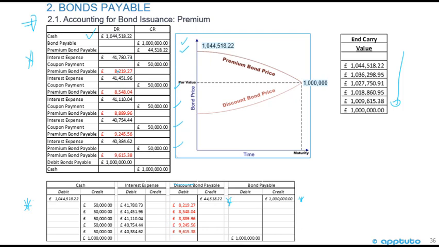And then as I scroll through, I'm going to credit my cash, $50,000. I'm going to debit my interest expense. It's a debit to the premium, so you can see this balance is going down, and so the carrying value of our bond is starting at $1,044,000, and it's being pulled down to par.